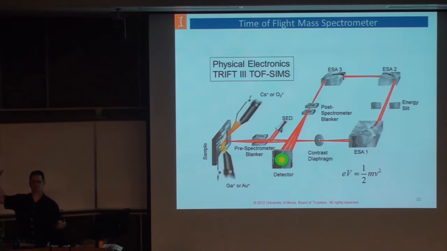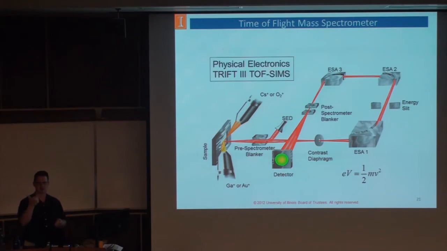So if you put a detector far enough away, then all the light ions arrive first, the heavy ions arrive later. And so when we send in these pulses, we'll have an X and a Y, and if you're doing a depth profile, a Z position. And so for each pulse, you get a whole mass spectrum.